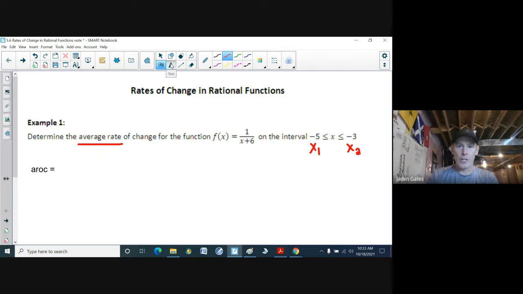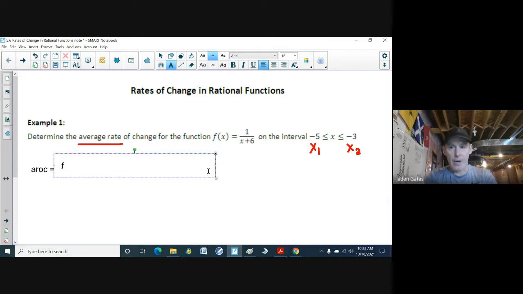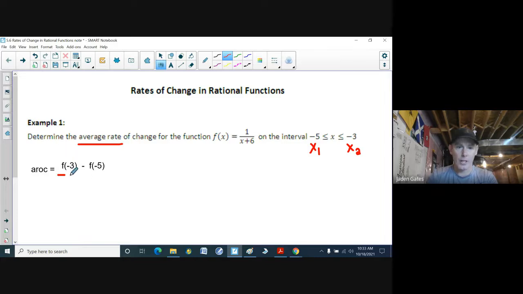So for this function, we will be substituting f of -3 minus, this is my y2 minus y1 going on here, f of -5. And of course, all over x2 minus x1, which in this case would be -3 minus -5, two negatives there.